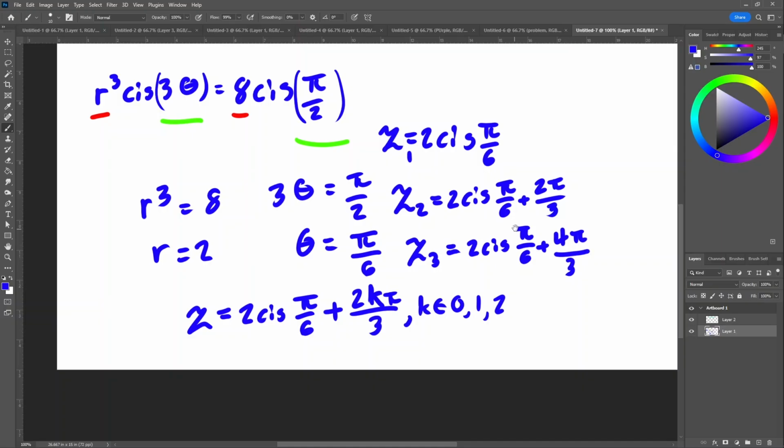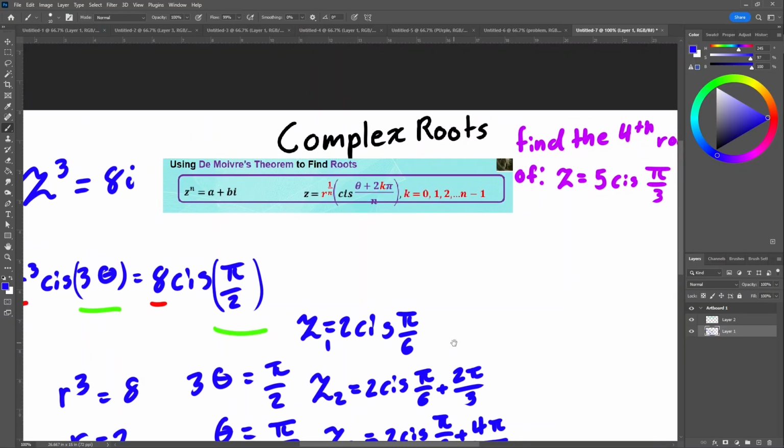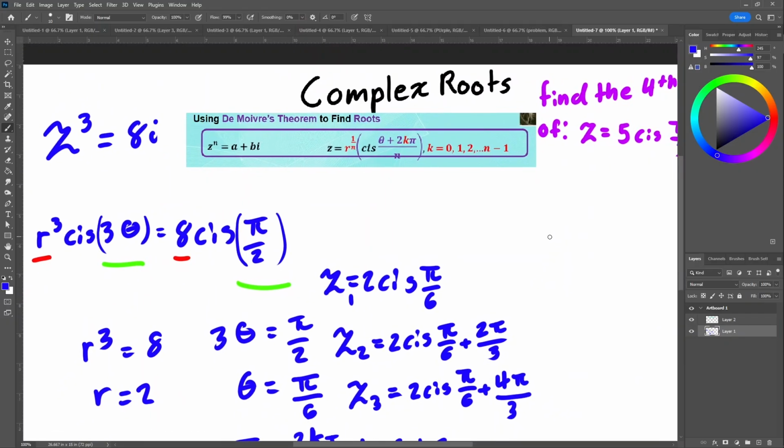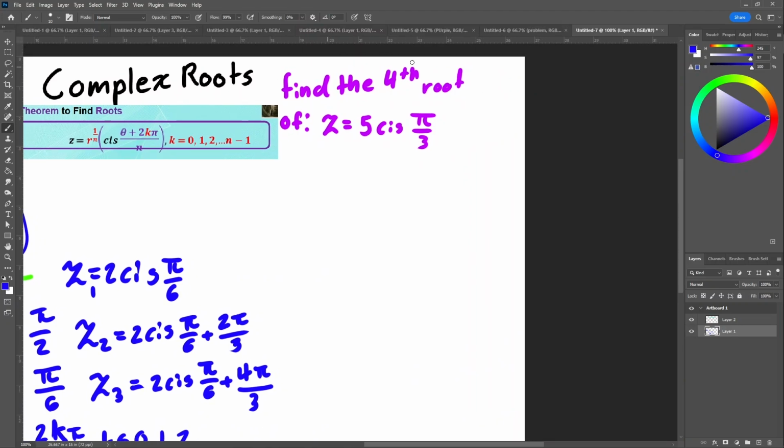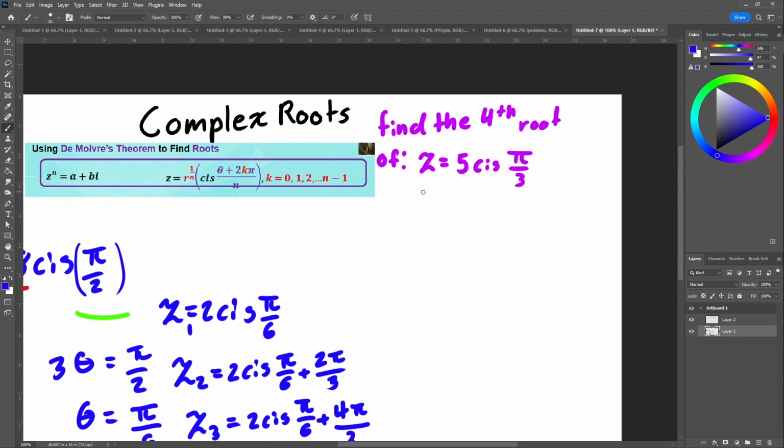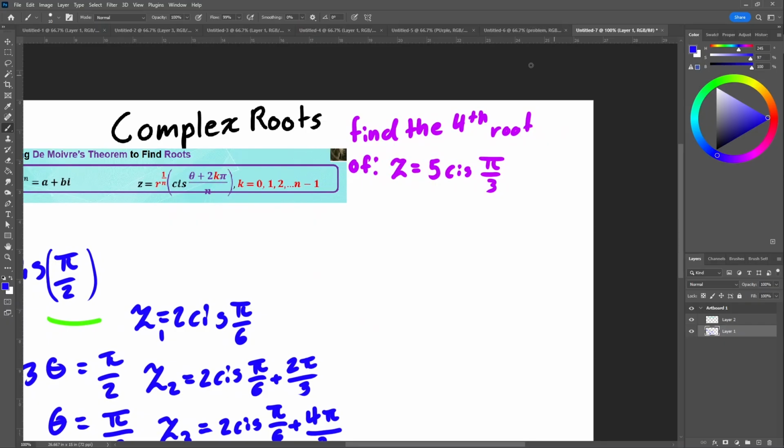Those would be your 3 numbers that if you were to try to cube them, they would all have the same answer of 8i. We can use this again to find, which is de Moivre's theorem, to find the 4 roots of z is equal to 5 cis pi over 3. So we start off with assuming that this is a 4th root, z.